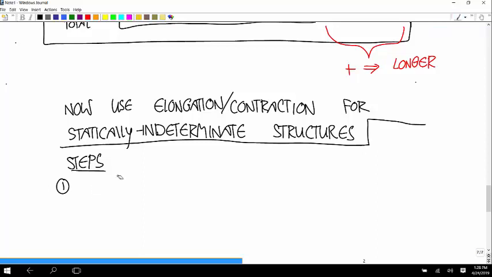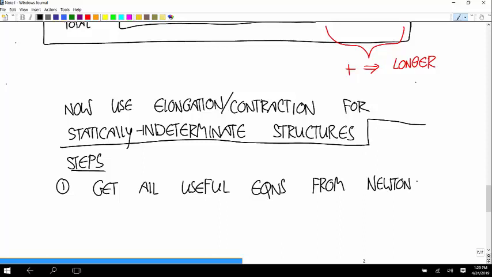All the equations that you can get out of the statics, from Newton's laws.